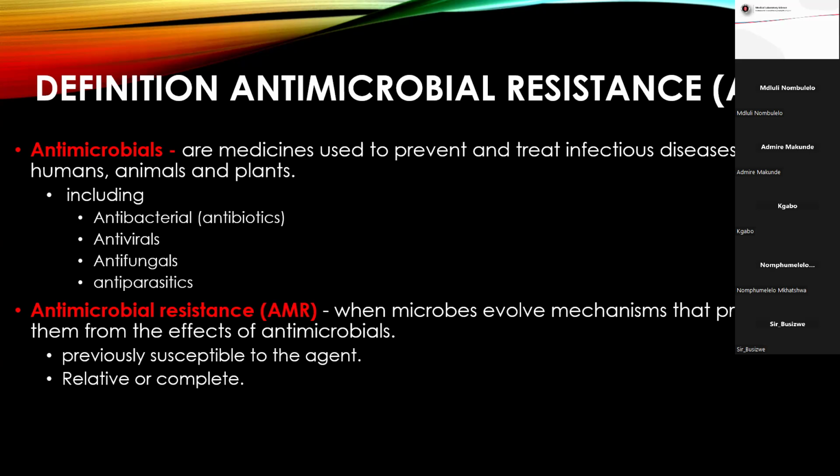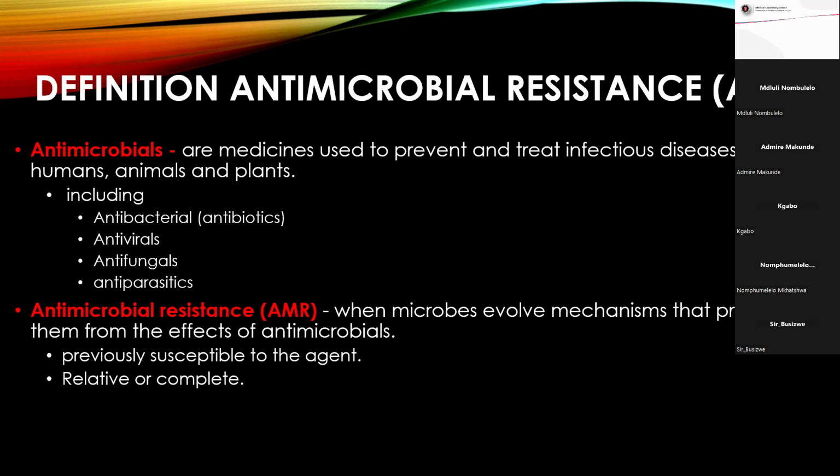By evolve, it means at one point in time it was susceptible, but because of being subjected to other pressure, it ended up having a mechanism to survive in those pressure or hard conditions. So for you to define AMR, initially it was susceptible, then as time goes, it is now totally resistant.